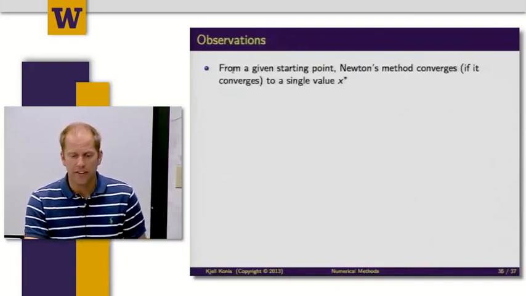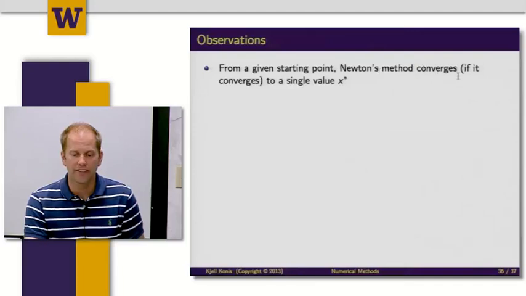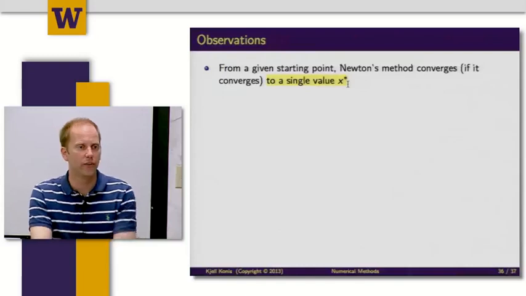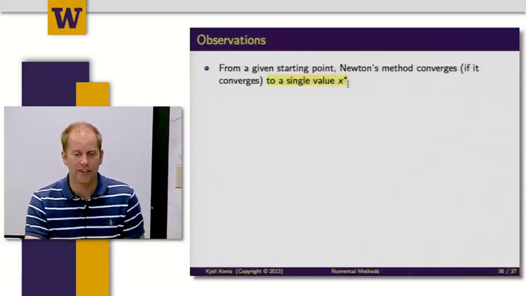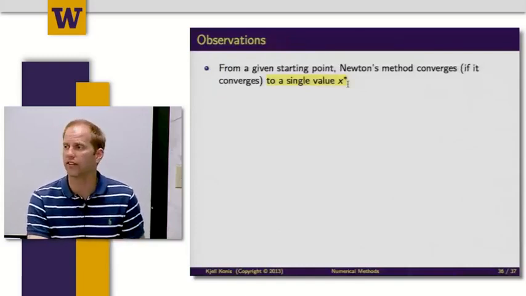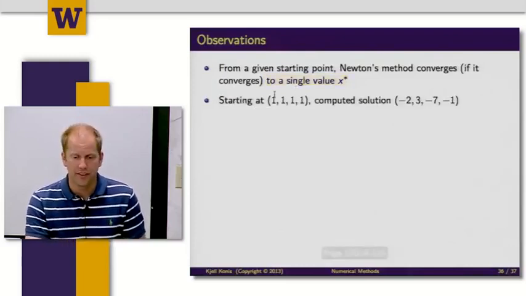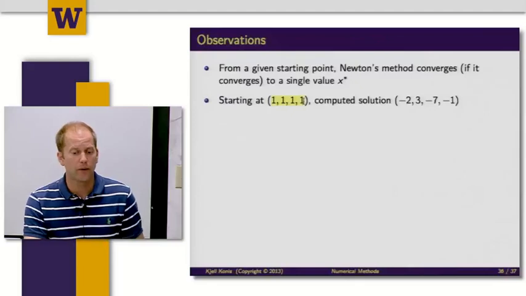So some observations about this. From a given starting point, Newton's method converges, if it converges, to a single value x star. In this case, there are actually 2 values that it could converge to if it were working, and just because of the initial condition that I gave it, it converged to one of them. Starting at the point 1, 1, 1, 1, I got this answer.